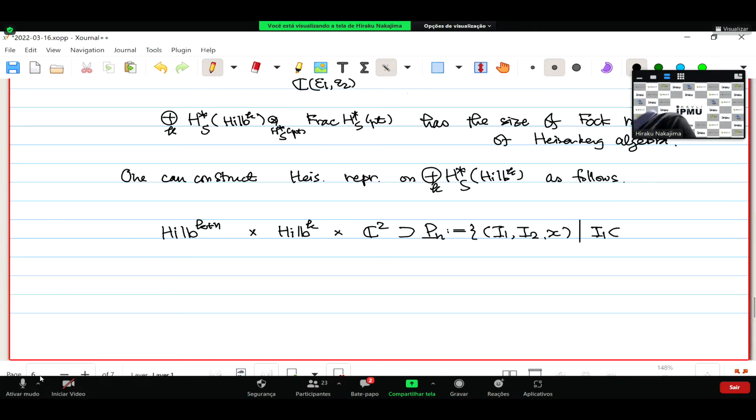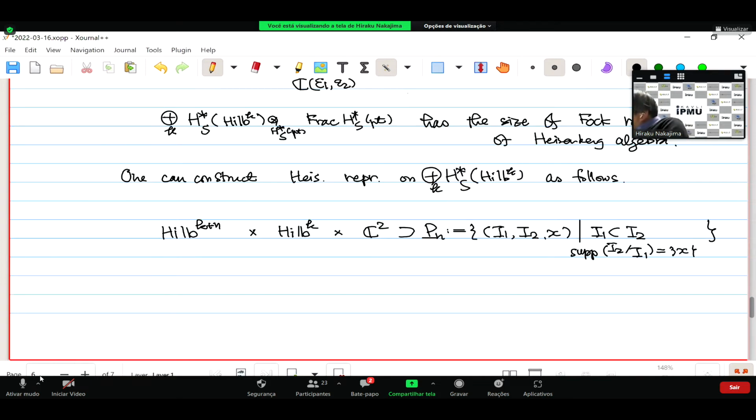I impose this incidence condition: I_1 is contained in I_2. Then I can consider the quotient, and by considering localization, you can talk about the support. This support is concentrated at the single point x.